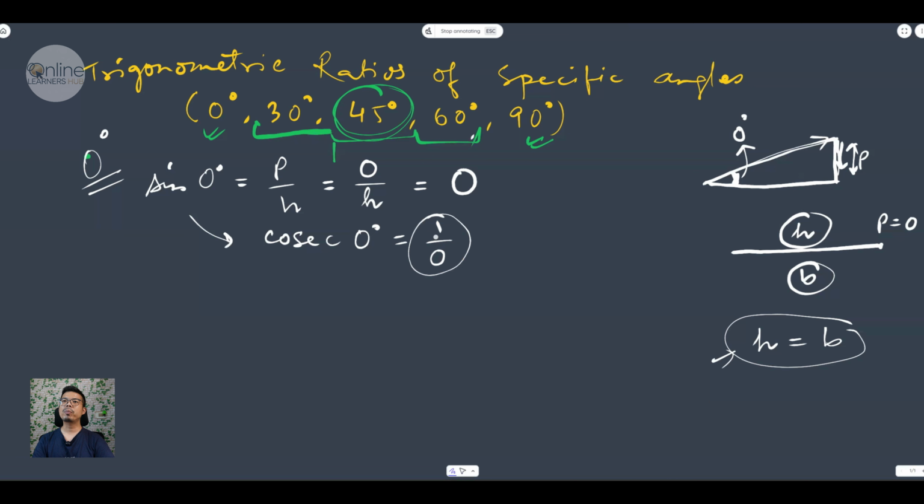Now 1 upon 0 doesn't make sense. 0 cannot be in the denominator. If 0 comes in the denominator, that value is called undefined. This is not defined. So cosec 0 is undefined.